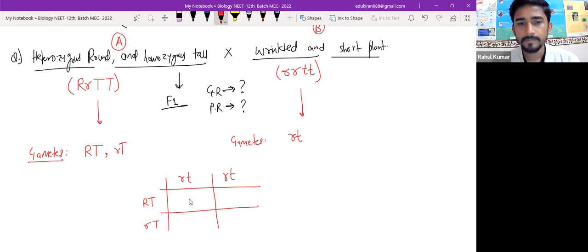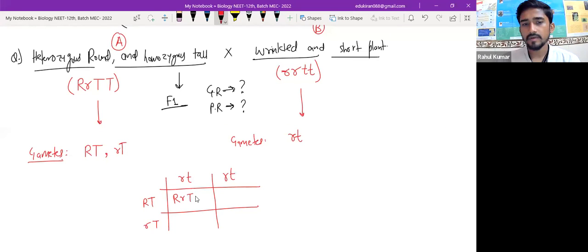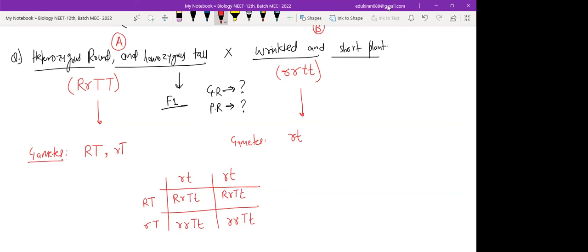Now, this progeny will be capital R, capital T, small t. This will also be capital R, capital T, small t. This will be small r, capital T, small t. And this will be small r, capital T, small t. Am I correct? Yes. Everyone has done this.